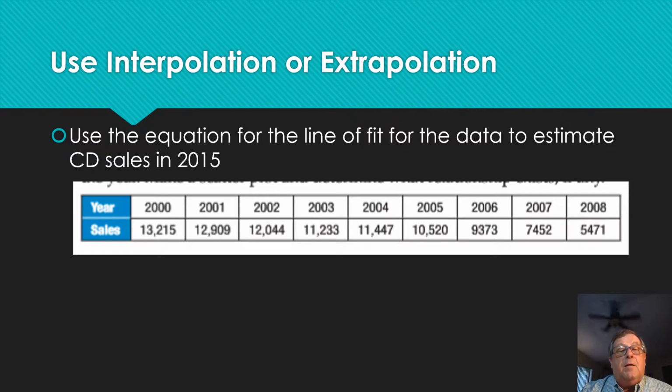Of course, here we got data ranging in the years from 2000 to 2008, and we're going to make an estimate out at 2015. So let's jump over here to the calculator and begin our work there.